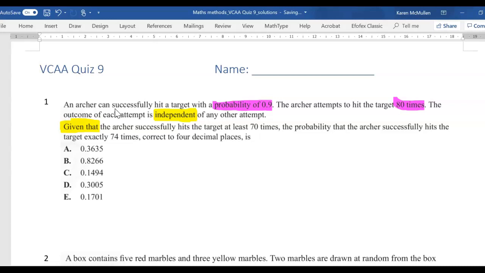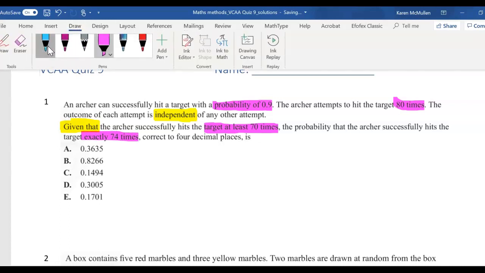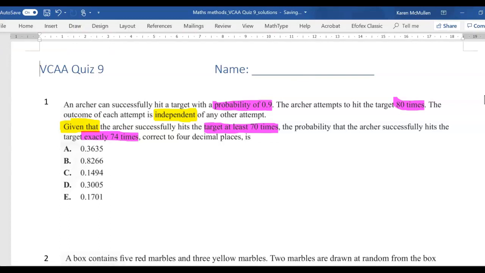Given that the archer successfully hits the target at least 70 times, the probability that the archer successfully hits the target exactly 74 times, correct to 4 decimal places, is. Now, this last part is a little bit deceptive, because of the way we read it, and it's also different to the questions in your textbook.